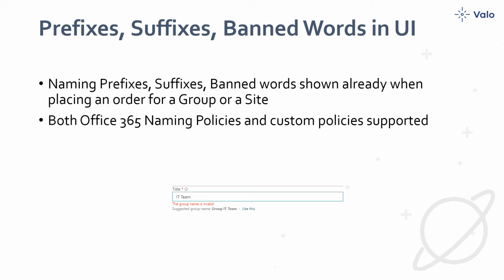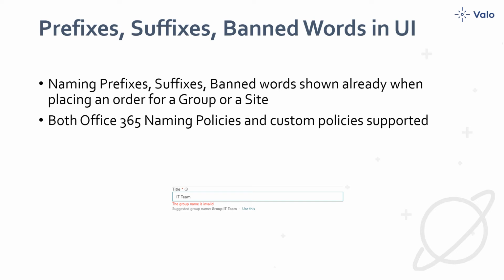Previously with Teamwork, this was only applied at creation time, so these rules were automatically applied, but the user did not see the resulting name and URL of the group or site from the Teamwork UI.